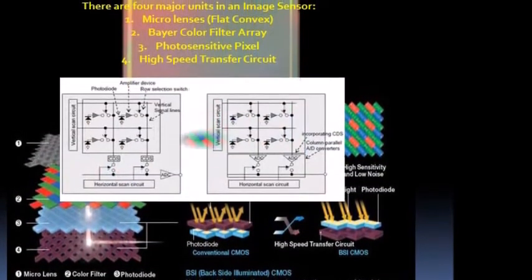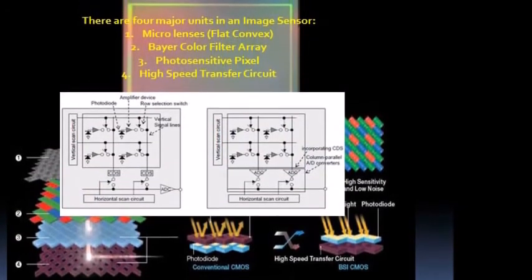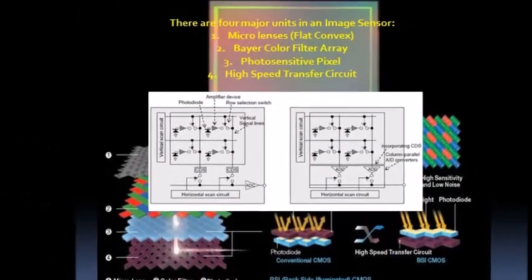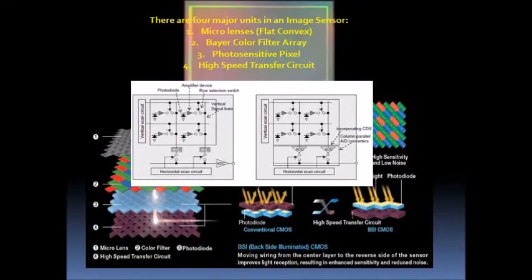The photosensitive pixels convert the light into electrons and analog voltage, and the high speed transfer circuit further transfers those voltages to the outer circuit that converts it into digital data, and that we will see in the coming slides that I have prepared to explain the image sensors.